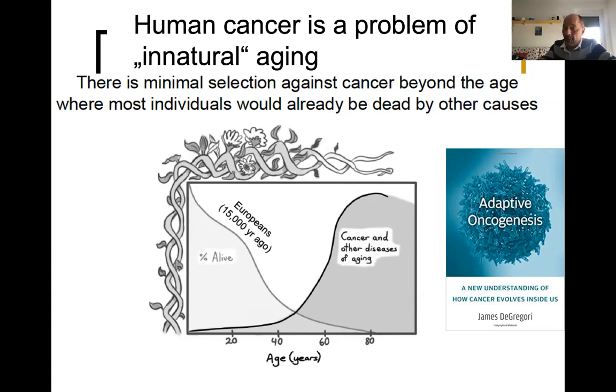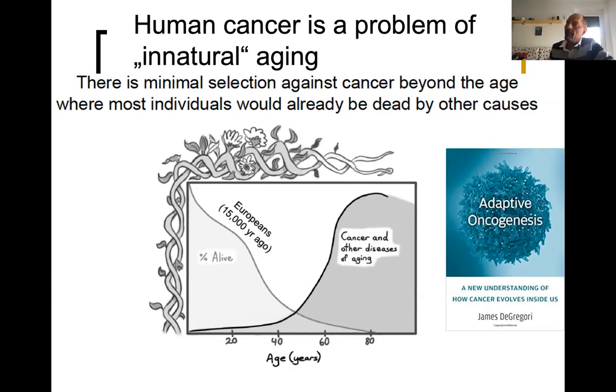So we didn't adapt, because this is now the curve of cancer. You see, the great peak is here between 60 and 80 years old, but at that time there was nobody with that age. And that's why there is a nice book now from James DeGregori, who is professor of oncology at the University of Colorado.